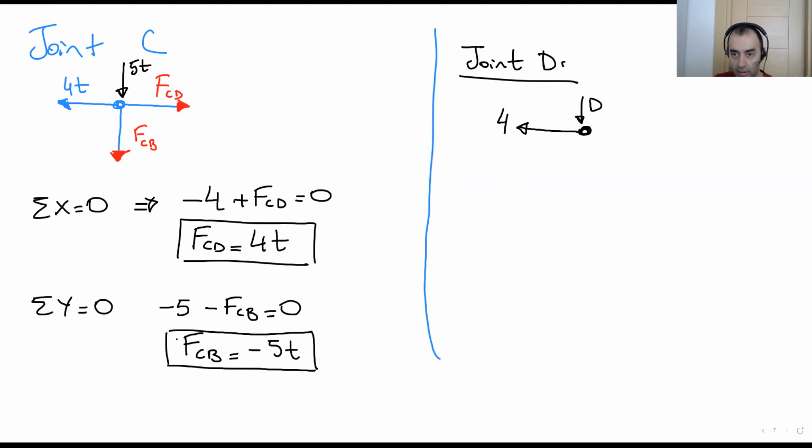By the way, let me clear this part. 3 tons. There is an unknown here, this one, which is FDB. We don't know this one. That's why we assume it's a tension. The arrow goes out from the joint. Here we have an angle.